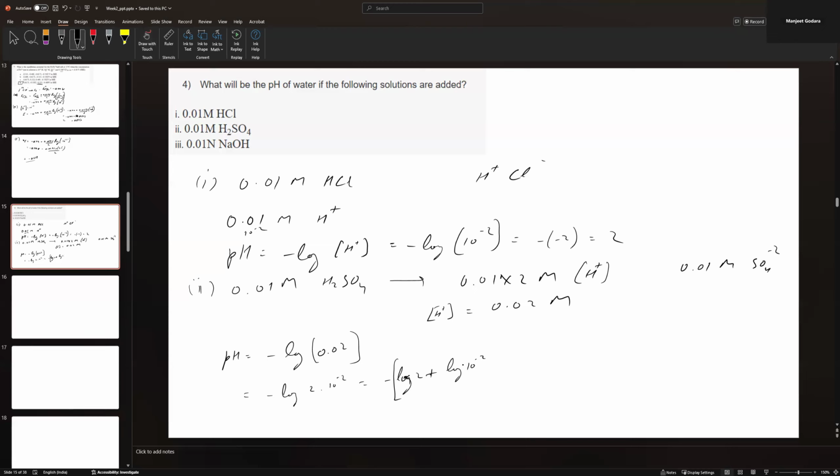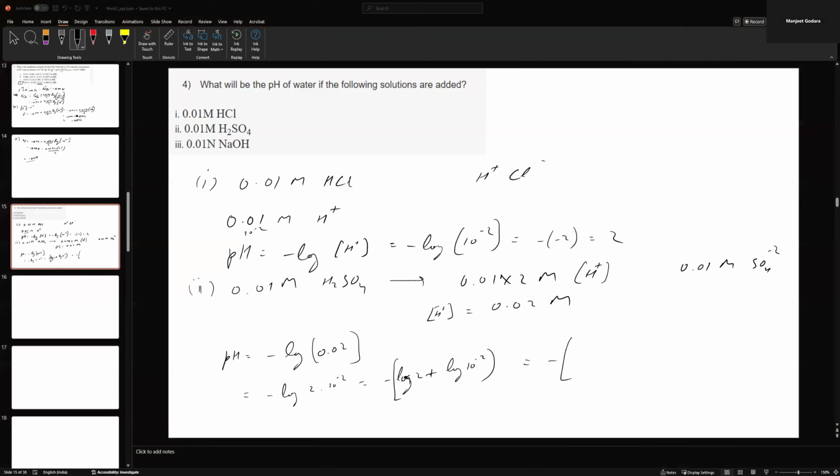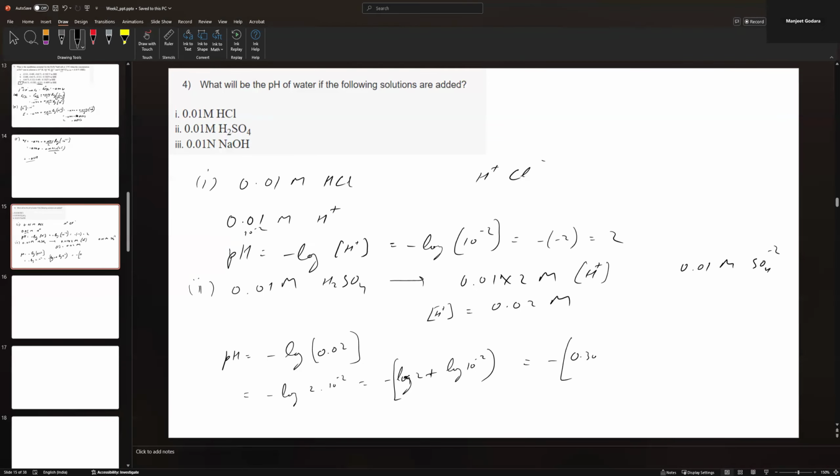So minus of log 2 to the base 10 is 0.301, and 10 to the power minus 2 gives 2.